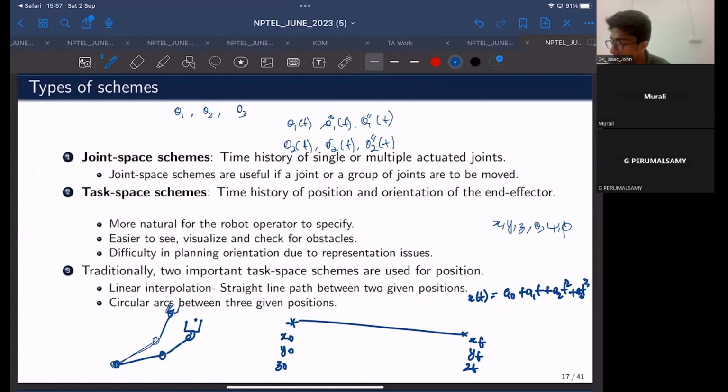For example, if we define x as a cubic polynomial, y can be made as a function of x.